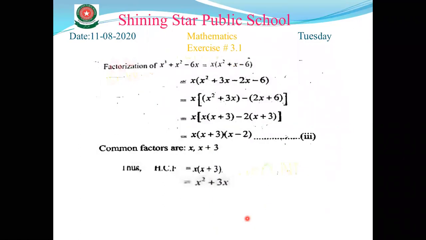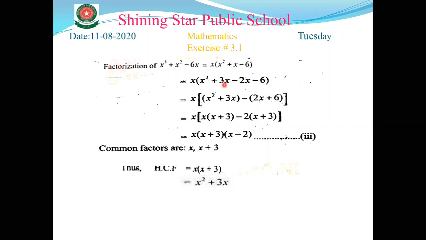And when we solve expression number 3, we take the common x, so it becomes x^2 plus x minus 6. Now for x^2 plus x minus 6, we multiply two numbers and we must get minus 6, and if we add them, we get plus 1.